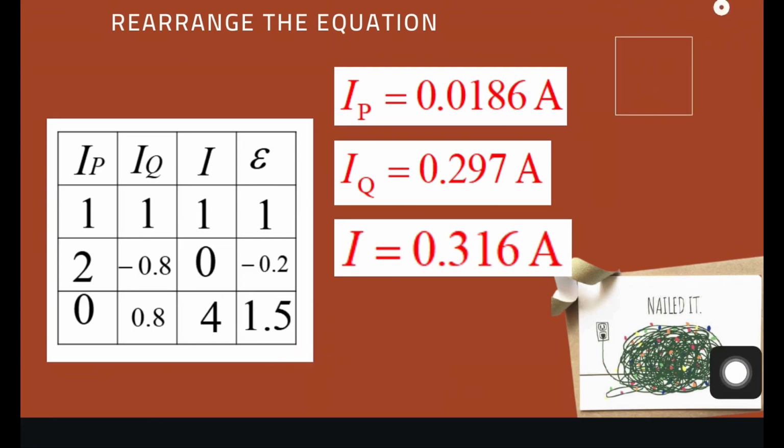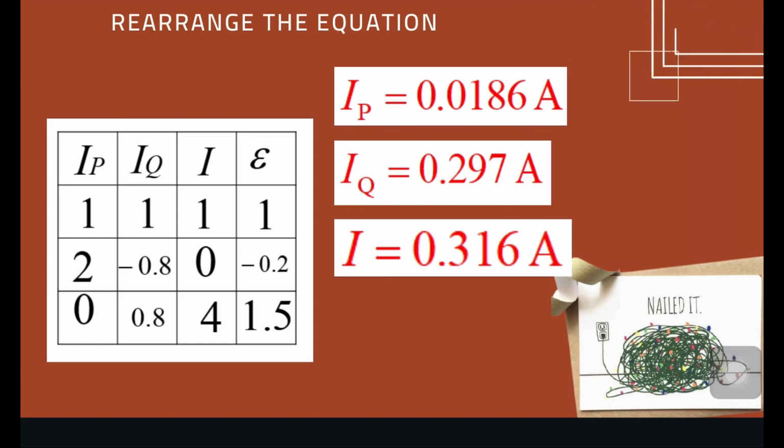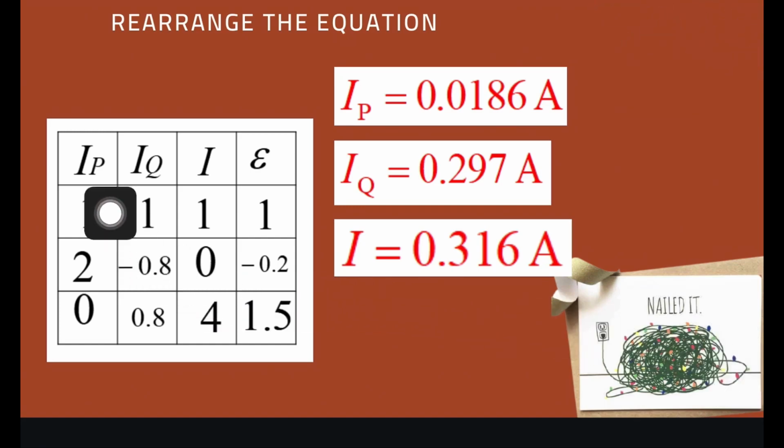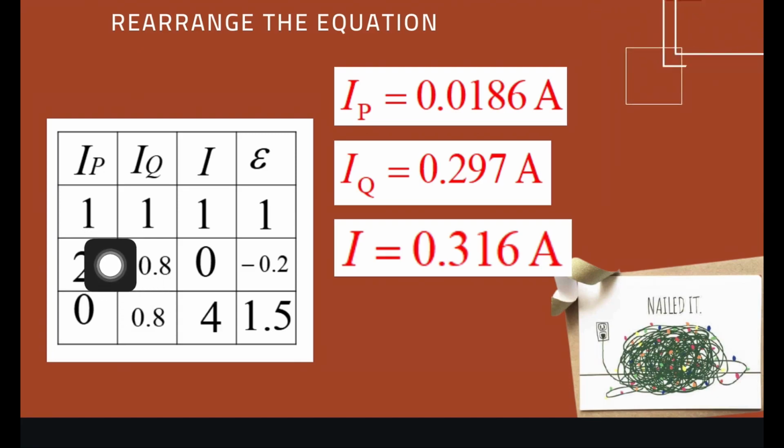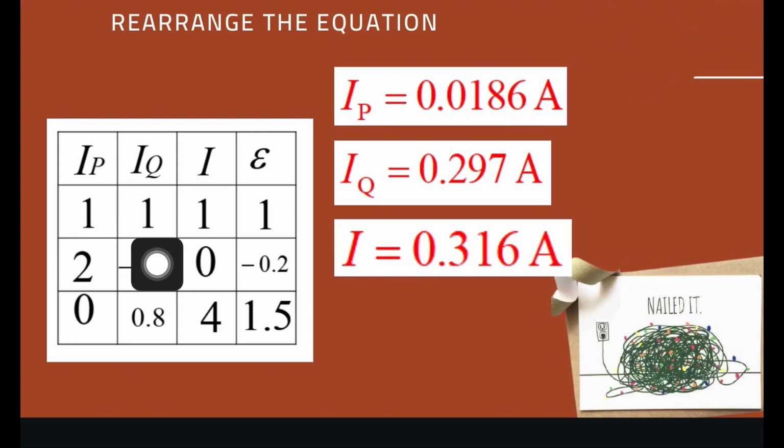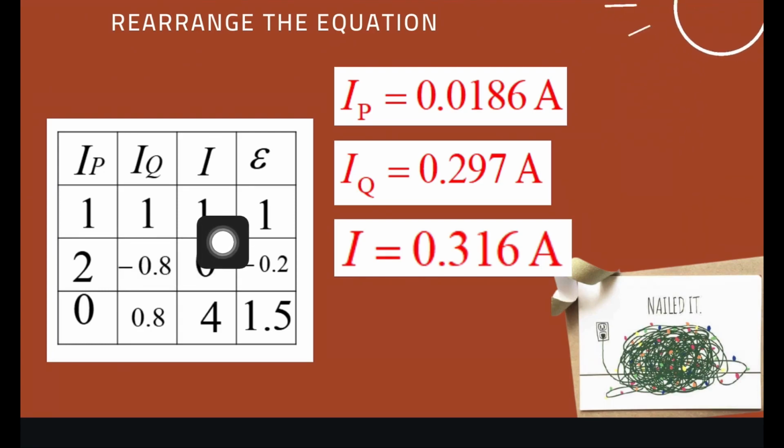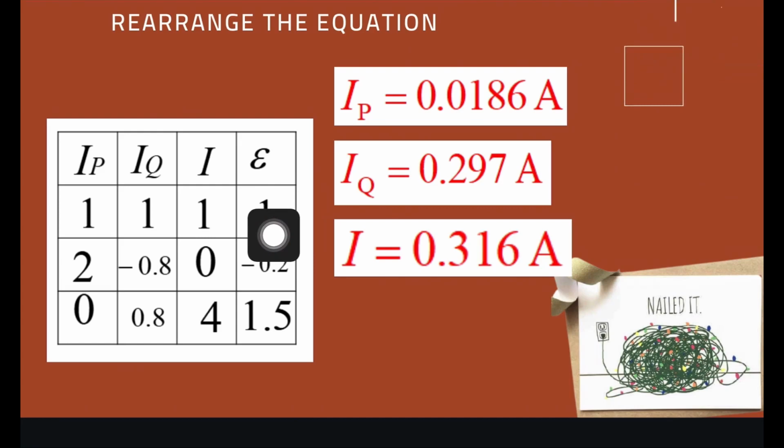You can just use your calculator, substitute the magnitude of IP. So for the first equation, it is 1, 1, 1, and your E here, I'm sorry, this one should be equals to 0.